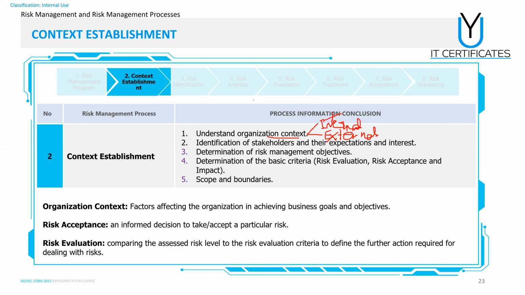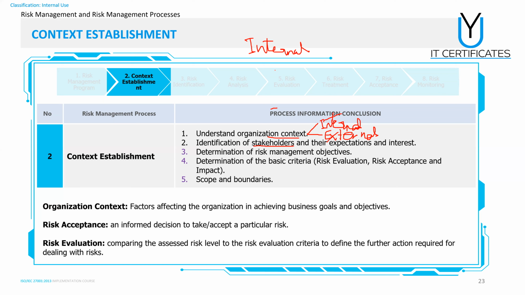Another factor is the stakeholders' expectations. Stakeholders' expectations are very important. These stakeholders can be internal and external. Internal are the employees, the board of directors, the managers, the supervisors. All these people have some expectations.